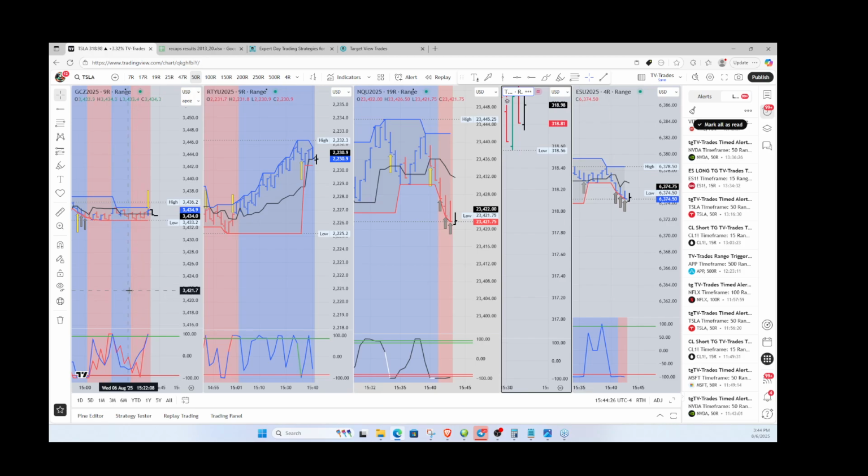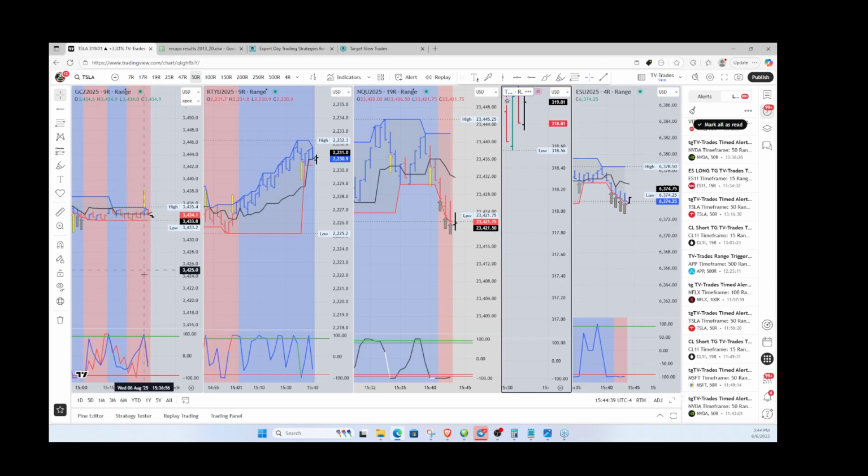Alright, we have a blue background here on the Russell. We're not in the oversold, so we don't have a trade there. We need that down close right there on the gold. Alright, that down close on the gold is a shorting opportunity on the gold. You know the gold's not moving at all, but it came out of the overbought.